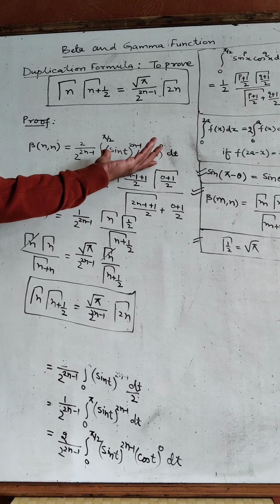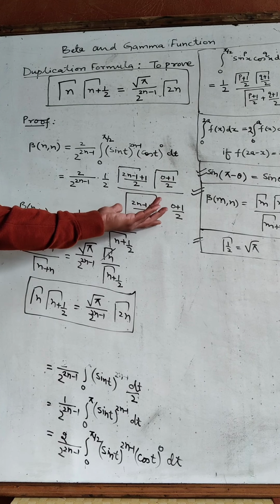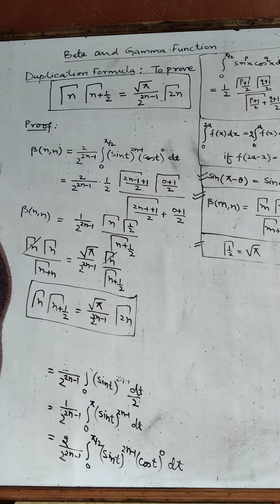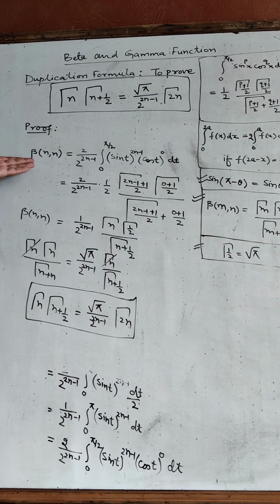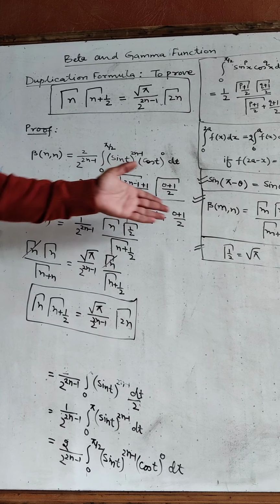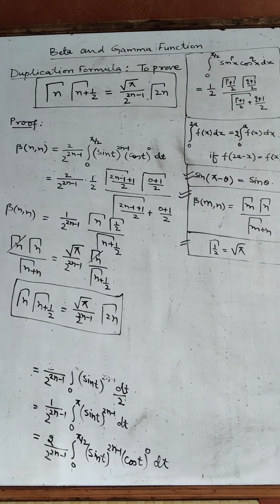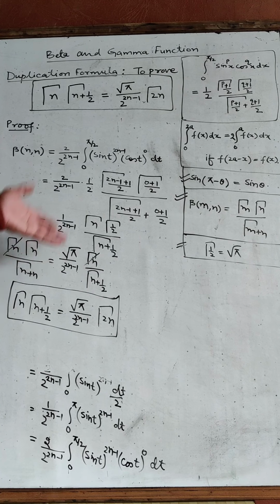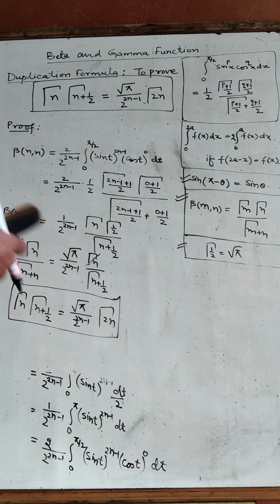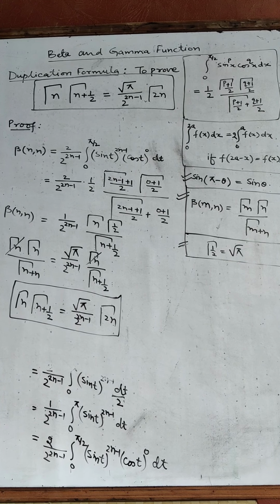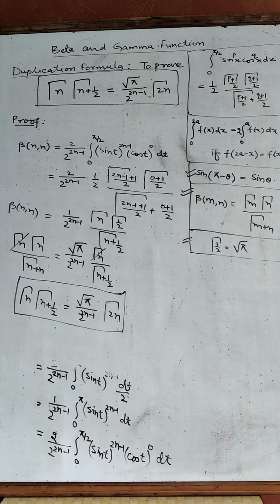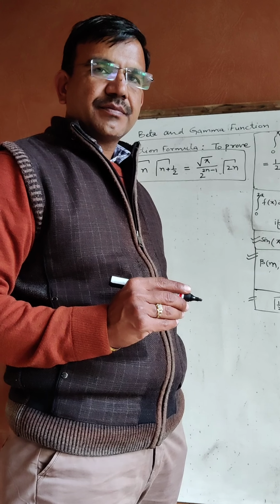Then we wrote this integral in the form of gamma function using the result shown in our earlier lectures, and also we have written beta n, n in the form of gamma function from the relation between beta and gamma function, and we cancelled out the same terms from both sides, and then cross multiplied the terms and found the duplication formula.